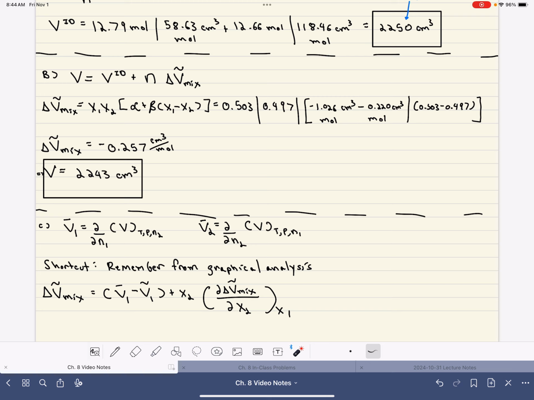And as you notice in this relationship, we're relating delta V mix to the partial molar volume and other sorts of terms. And so essentially, what we could do is rearrange this equation so that we're solving just for V1 instead.